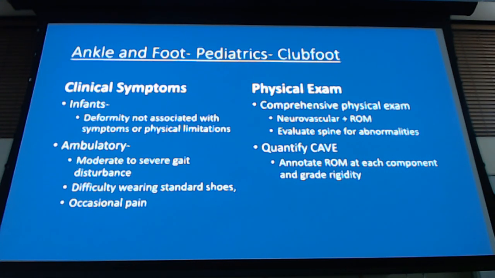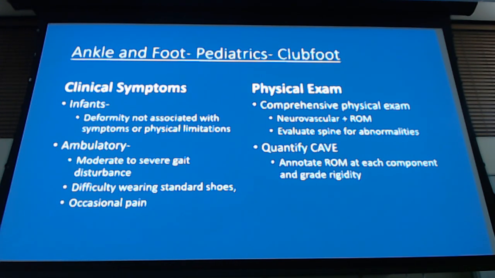If they are infants, that deformity may or may not present with initial physical limitations, right? But in a lot of cases, they may, and mom or dad may identify that deformity, especially when the kid is either not weight bearing or attempting to weight bear and can't put weight on the extremity.